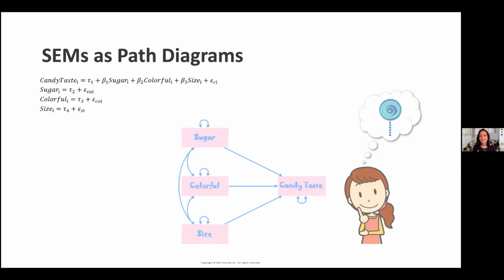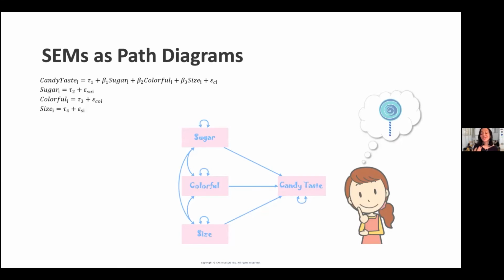And here I have a silly example where I'm talking about predicting candy taste. And I use this example because I really think that a path diagram is so intuitive that even a child can understand it. In fact, I put this diagram to the test with my 10-year-old. I said, hey, look at this. What do you think this is? And immediately she was like, oh, those are the things that make candy taste good.